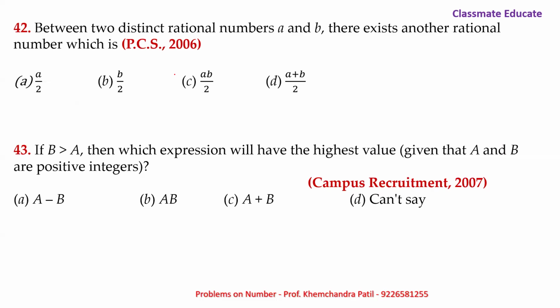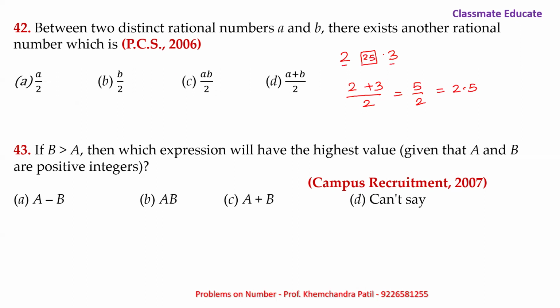At your school level, you have two rational numbers, and you need to find the rational number between them. Suppose 2 and 3; I have to find the rational number between 2 and 3. So what I will do, this will be 2 plus 3 divided by 2. What is that? 5 by 2. 5 by 2 is 2.5, which is in between 2 and 3.